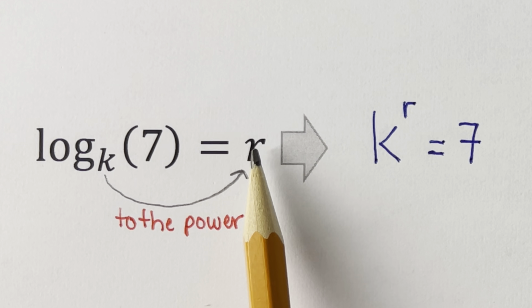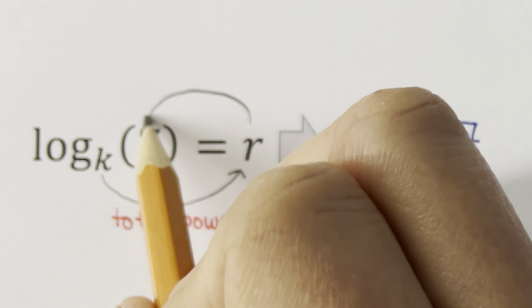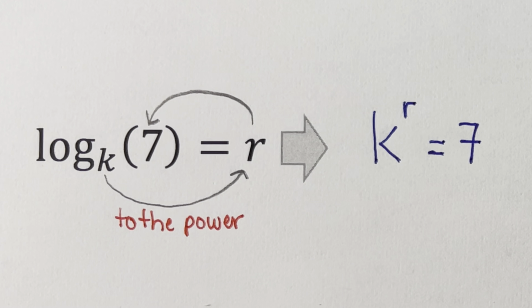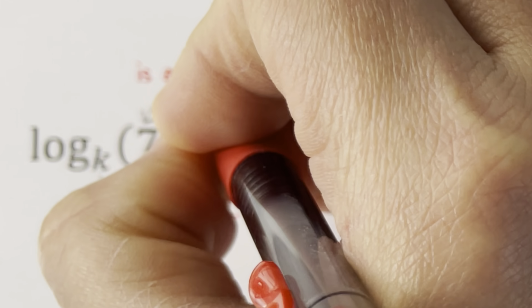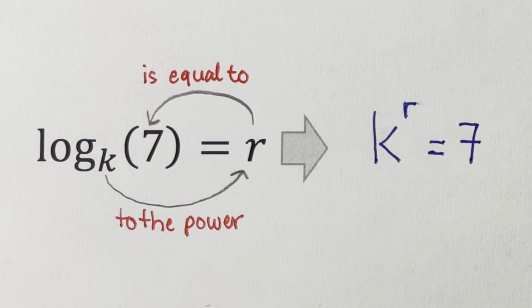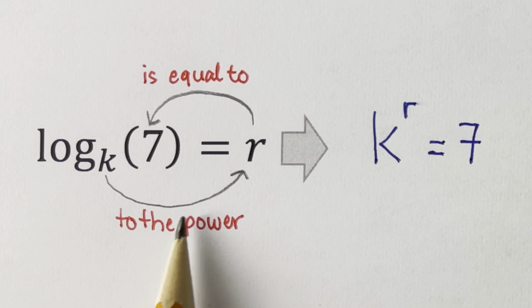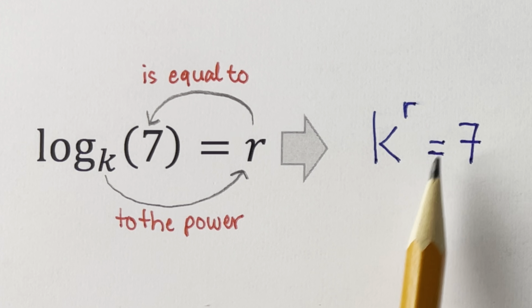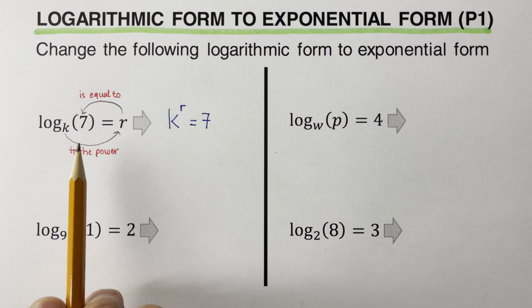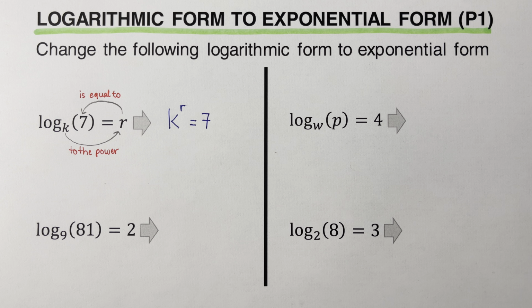And we are going to say is equal to 7. Okay, so then we can go ahead and say that k raised to the power r is equal to 7. And that's how we got there. So that's the fastest way to change a logarithmic form to its equivalent exponential form.